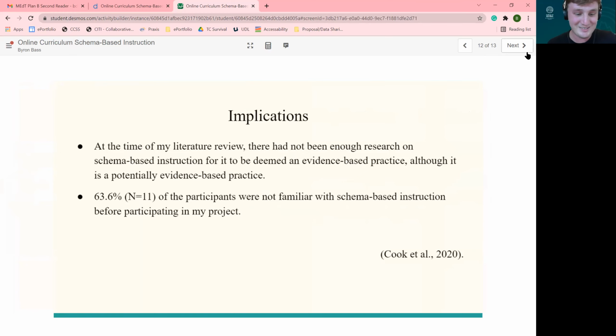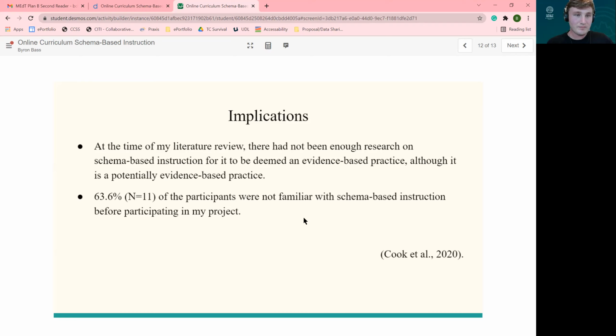Well, I love you presenting schema-based instruction, because I think just reading about it in an article, it is a little bit abstract. However, I think that there's a lot of value here, and you brought up a couple of really important things.